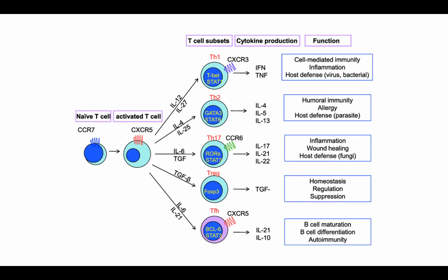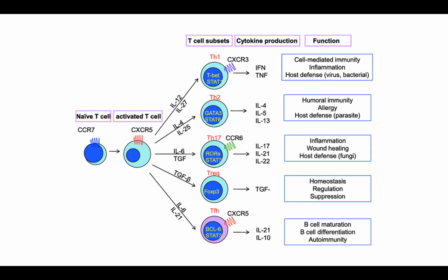All right, which I think is happening with SARS-CoV-2. Now, T cell subsets, again, like I said, we have the T helper cell 1, 2, 17, Treg, and the TFH that we were talking about earlier.